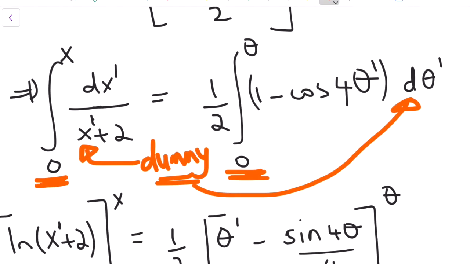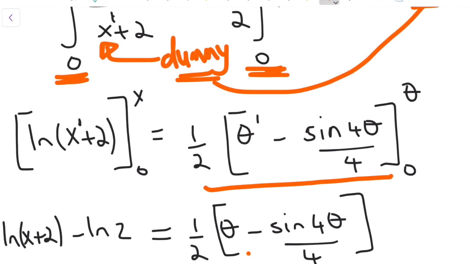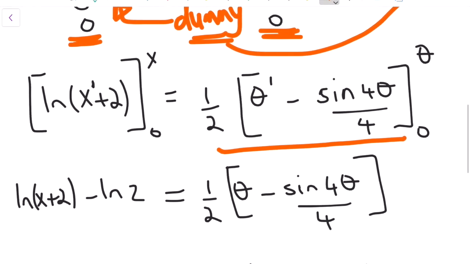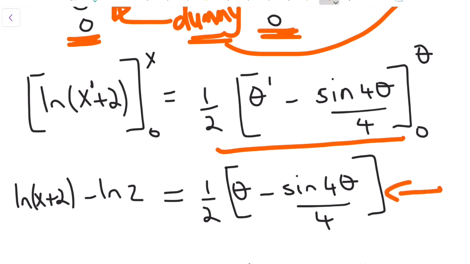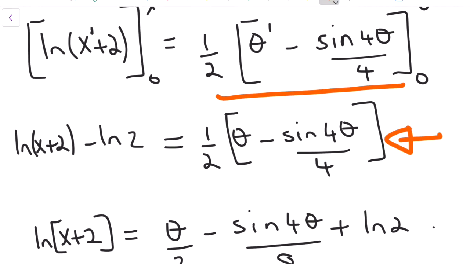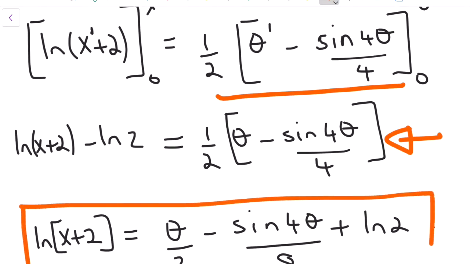If you differentiate this, then you get 1 minus cos 4θ, so this is correct. You plug in the boundary condition and you end up with this relationship here. So there we go, we've solved our problem. So ln(x plus 2) is equal to θ over 2 minus sine 4θ over 8 plus ln of 2. So that's our solution.